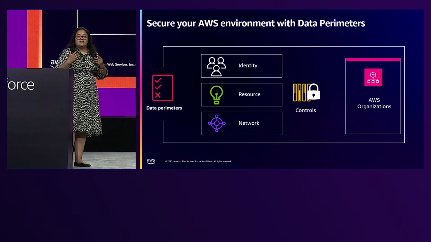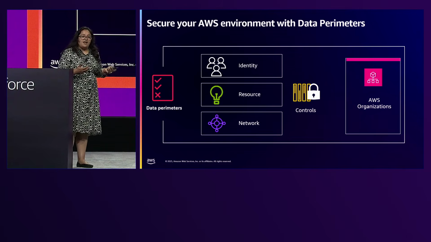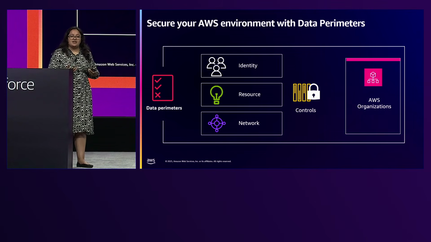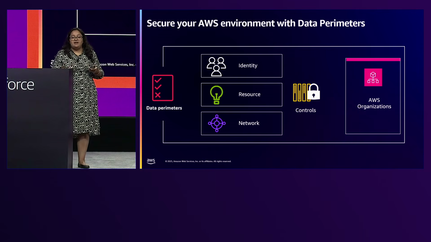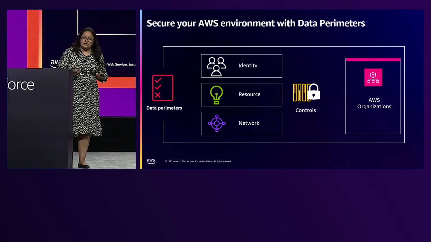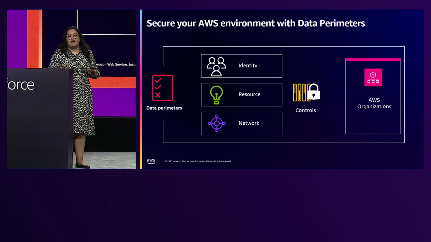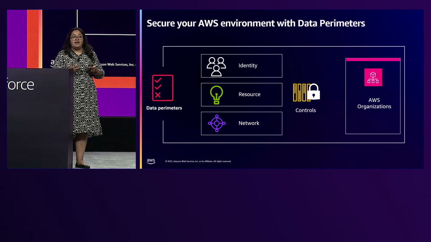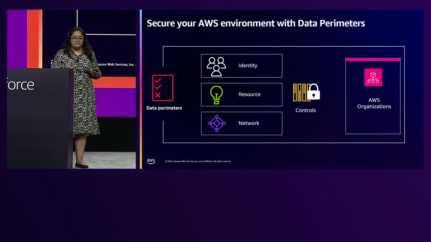Similarly, next, resource. You want your users to only be able to access resources that you trust. If Greg is building an AI application, you want to make sure that the data that he is building the AI application on is coming from and is hosted in a trusted resource. And that's what the resource perimeter can do. And then similarly, network. What is the IP landscape of your organization? Anything coming outside of it is something that you probably do not want to get in.